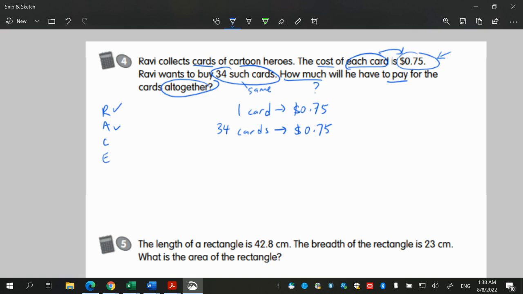Not only fast but effective. So with the unit as dollars, I'm going to write here to remind me that I've got to have dollars in my answer.